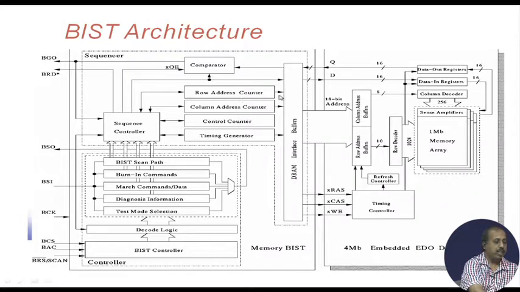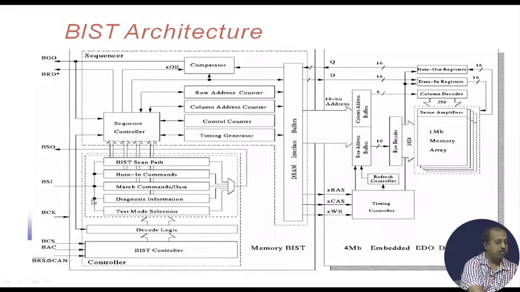So, these addresses will be put onto the interface buffers, and they will go to the row address buffer, column address buffer, etc. Similarly, when the values are read, they are coming to the comparator. The comparator has got expected data available from the sequencer as well as the memory cell. So, they will be compared, and accordingly it will give a go no go type of signal.